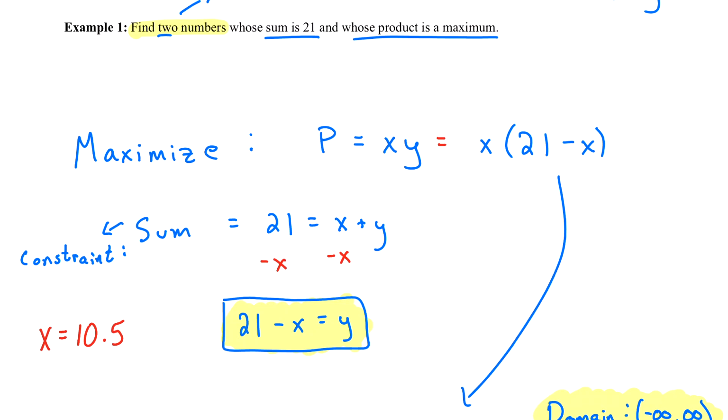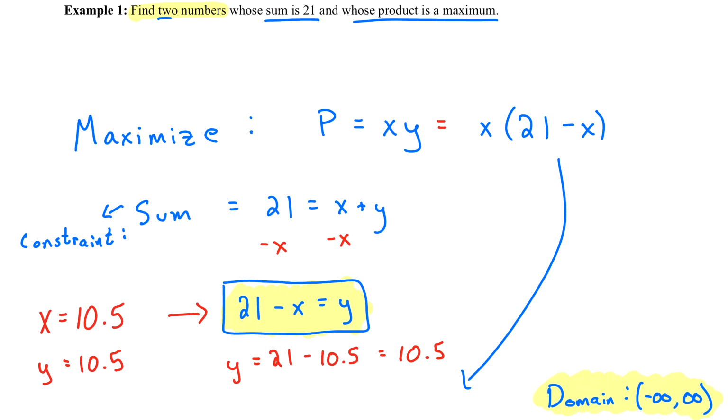So if I wanted to, I could just take that number and plug that in for x and say, okay, y is equal to 21 minus 10.5, which is equal to 10.5. So that means that y, in this case, is also equal to 10.5. So we wanted to find the two numbers. Well, there they are. We've got x is equal to 10.5 and y is equal to 10.5, and we've answered this question.